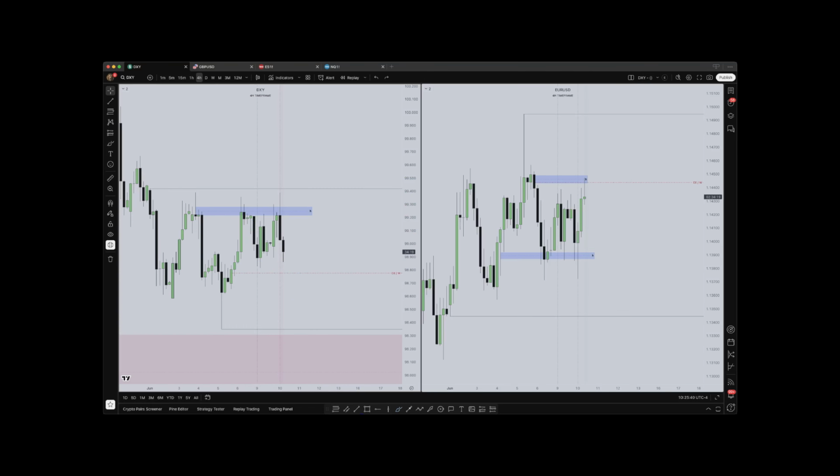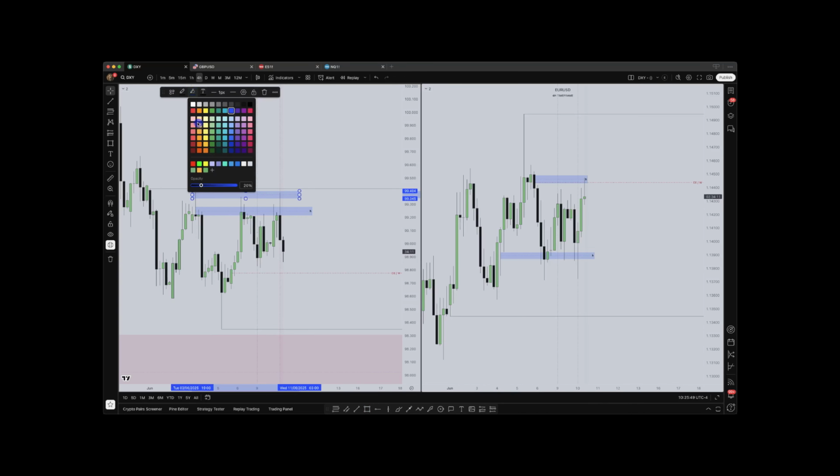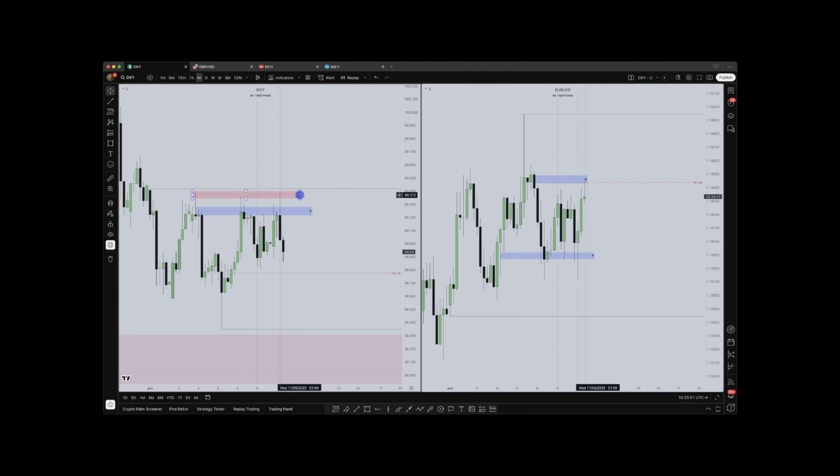I also like this level. You see these three highs? These three highs for me is liquidity resting over there. This is called relative equal highs, or you can also say maybe a resistance.